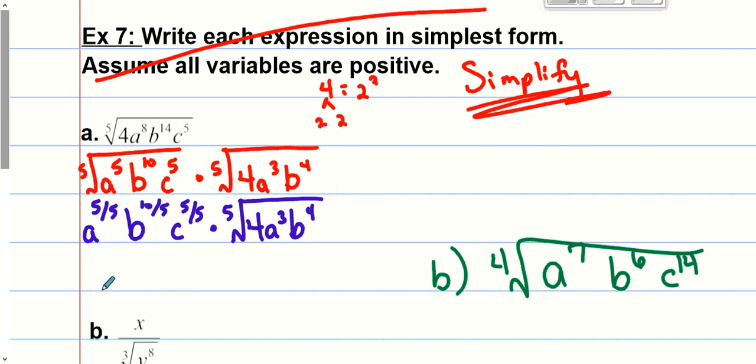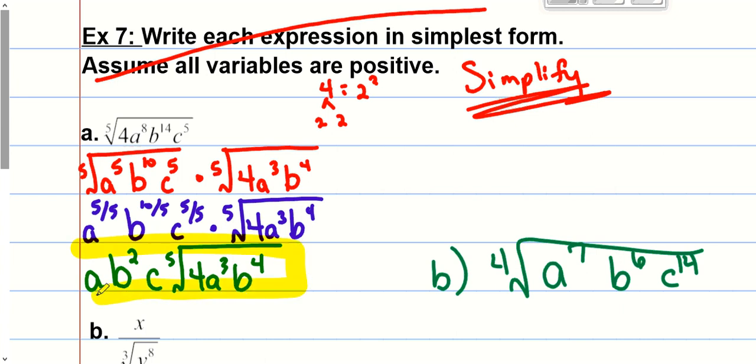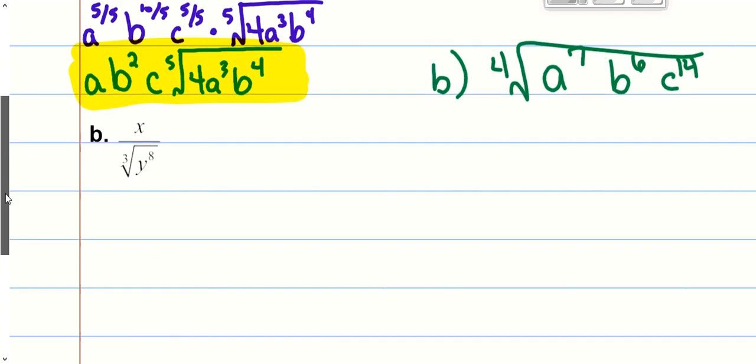So now I have 5 over 5 is 1, so I just have a. 10 over 5 is 2, so I have b squared. 5 over 5 is 1, so I just have c. And then I have the fifth root of 4a cubed b to the 4th. And there's my answer. So when you have something like this, all you're going to do is separate it into two groups. What can be simplified and what cannot.